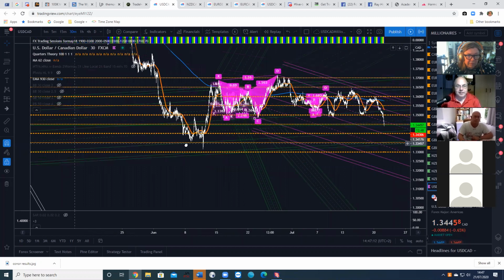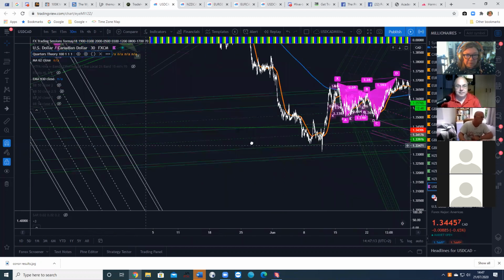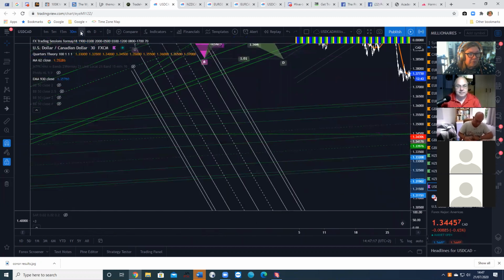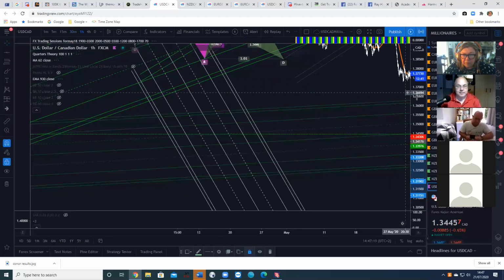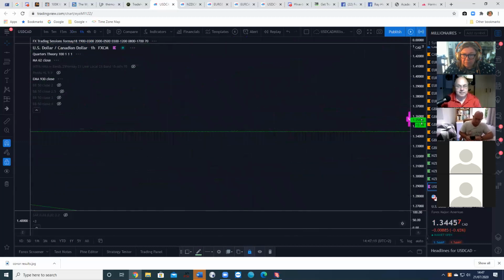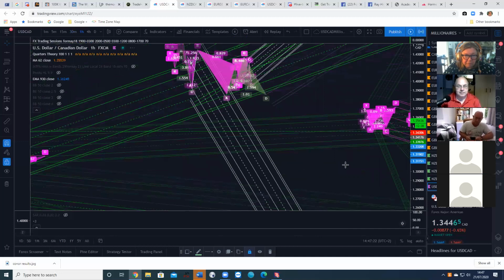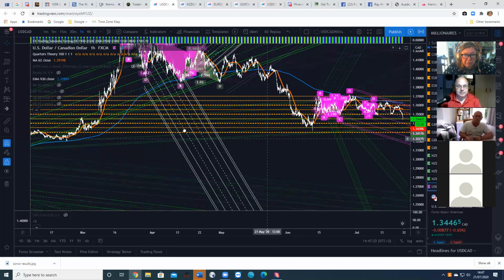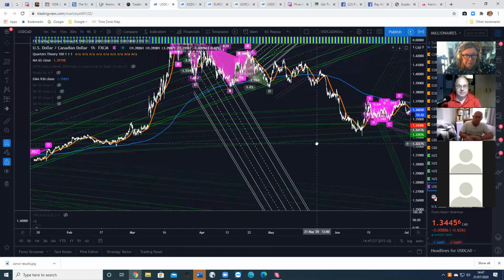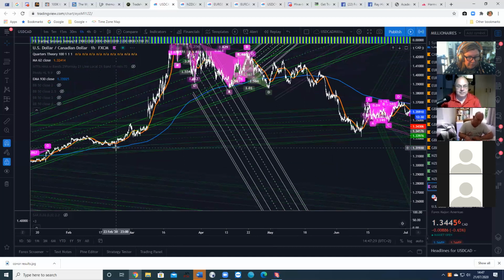Okay. And let's just see if there was anything further back. That is of interest to us. Another point right down there, 21st of Feb, right down at 1.3199, call it 900, thereabouts.